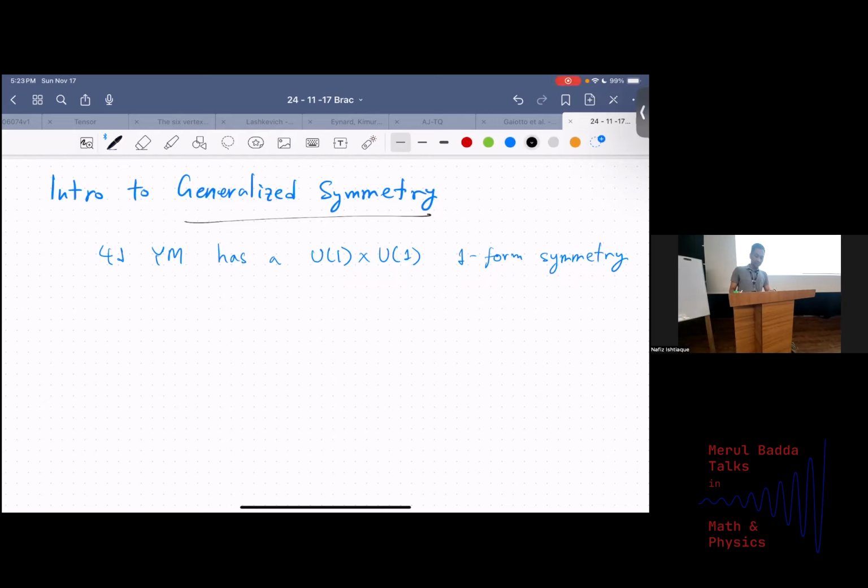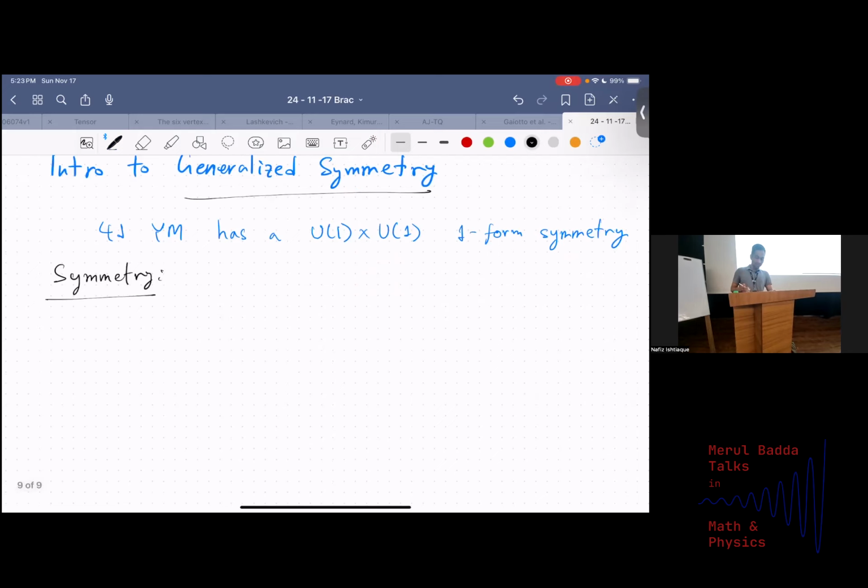So before talking about generalized symmetry, let's make sure that we're on the same page about what we mean by symmetry. I assume that most of you will be familiar with some notion of symmetry. I am going to talk about symmetry in quantum field theories. An extremely elementary example is the following.